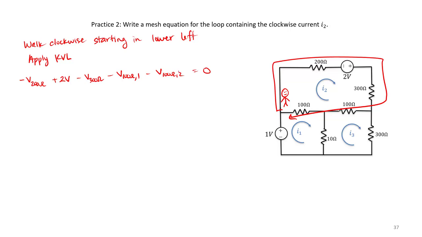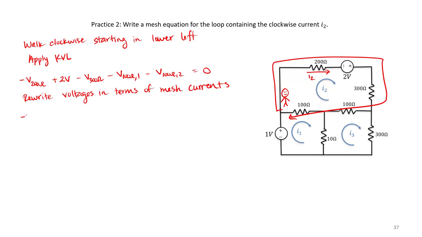Now I need to rewrite these voltages in terms of the mesh currents. In this case, I have that mesh current I2 as well as I1 and I3. The voltage across this 200 ohm resistor depends completely on I2 alone.